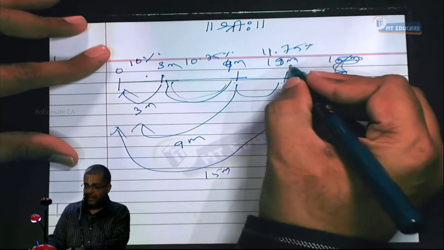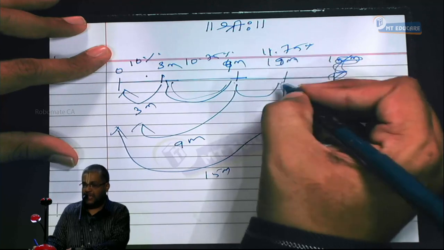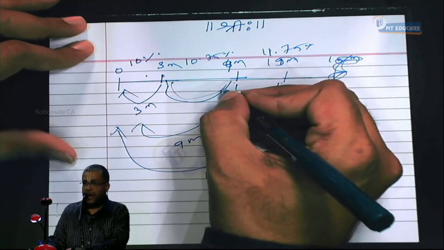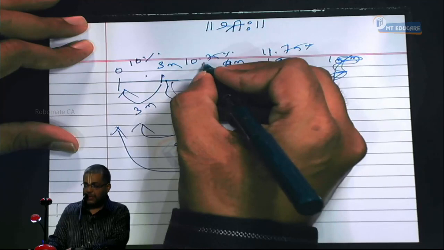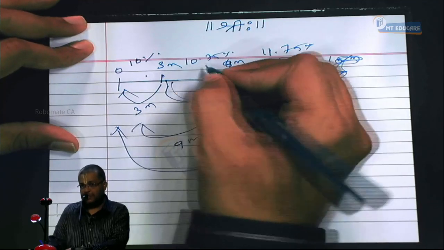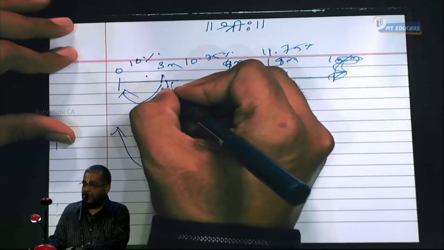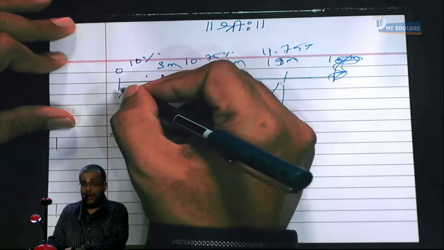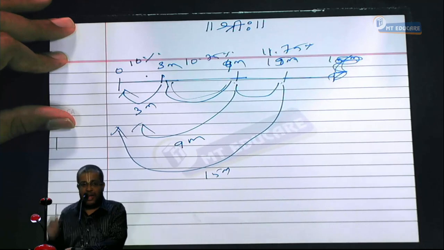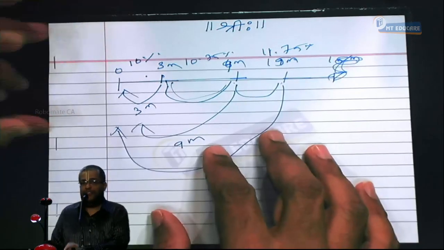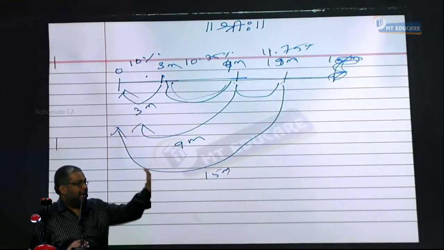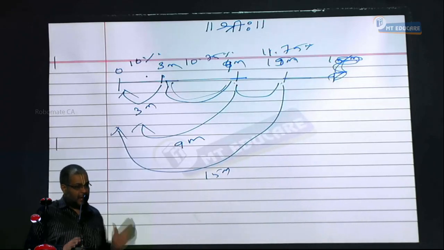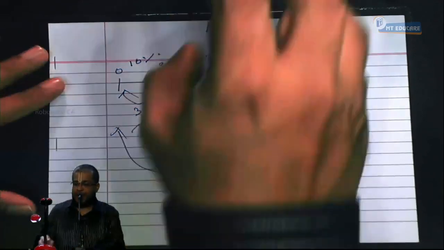So I discount at 11.75% for 6 months to bring the 15th month to the 9th month, then at 10.75% for 6 months to bring the 9th month to the 3rd month, then at 10% for 3 months to bring it to month 0. That is how I calculate the present value factor. Does everybody have clarity on this calculation? Now I'm just telling you how to calculate the PV factor.